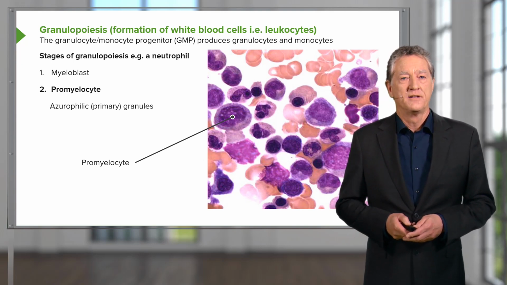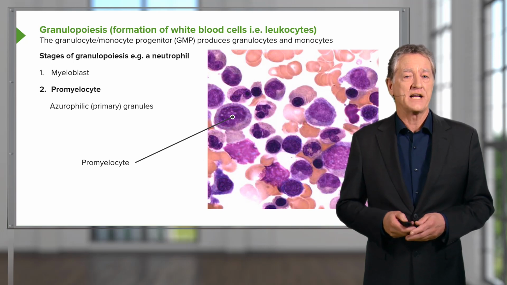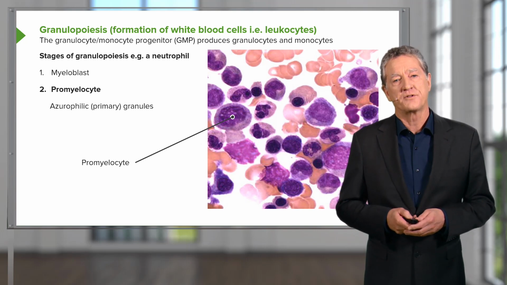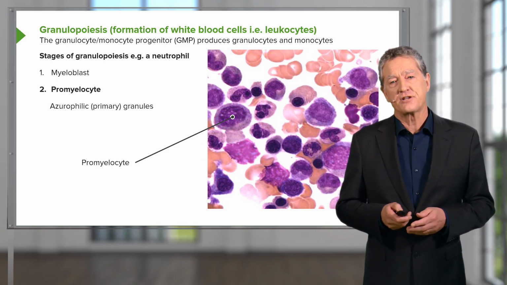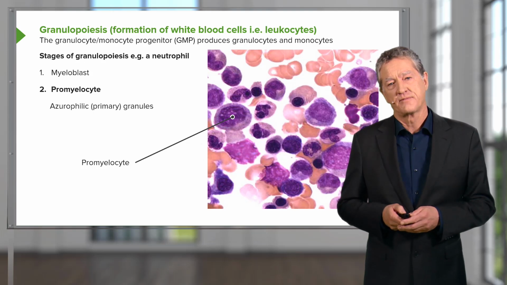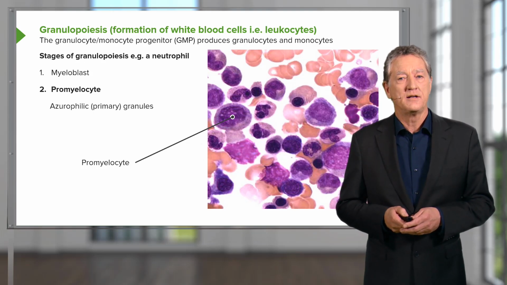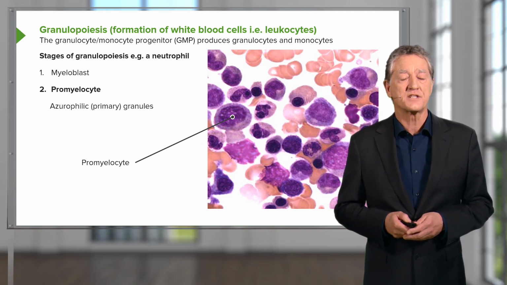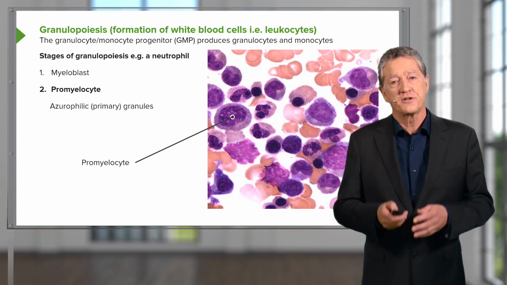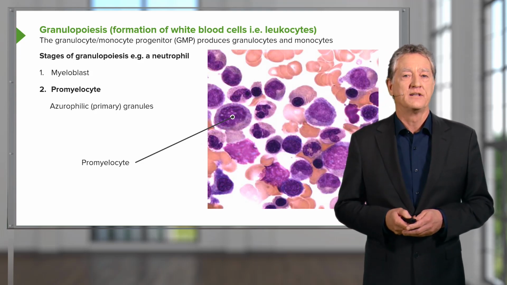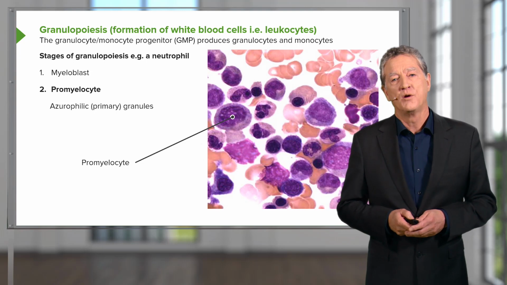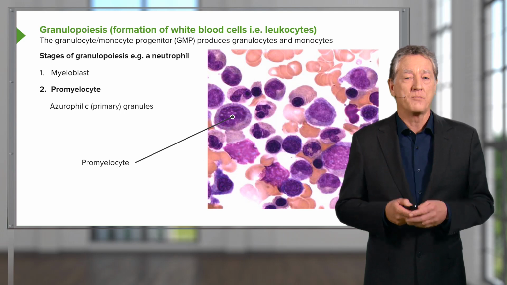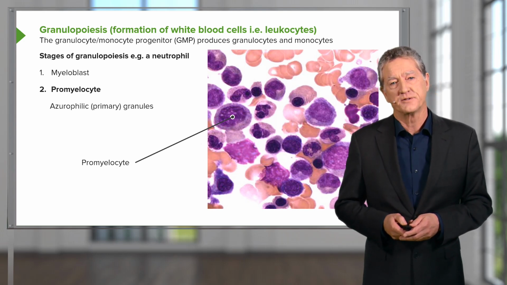So initially, this part of the lineage starts to accumulate these granules, and therefore they stain with the Asia dyes, but they're yet to go through the differentiation into acquiring granules and the contents of those granules that are specific for the cell type. So this is a general cell. It's yet to really determine which direction it goes into. Does it become a neutrophil, or a basophil, or an eosinophil?